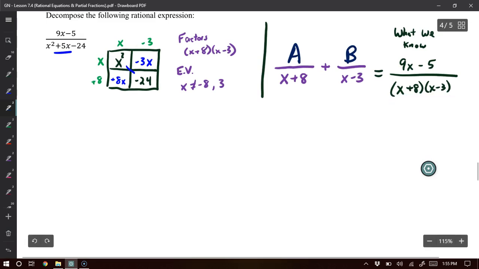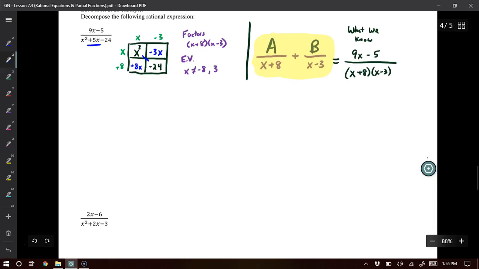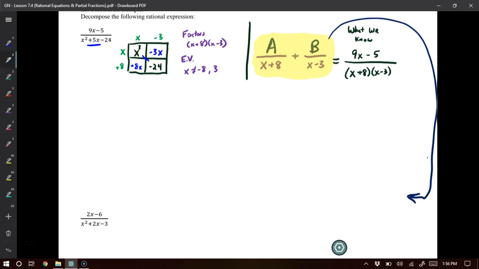And that's what we're going to solve: we're going to find the values of A and the values of B. Now, when I talked about this in class, I tried to really emphasize that this right here is the most important step because it tells you what your final answer is going to look like. I'm so confident that step is extremely important that I am going to put an arrow and just go right down here to show you that somehow that is going to play a role in our final step.